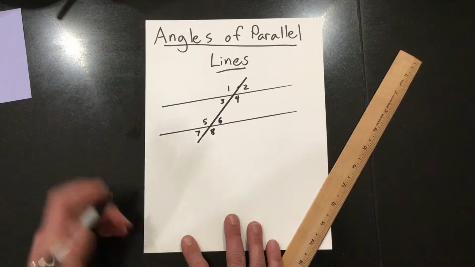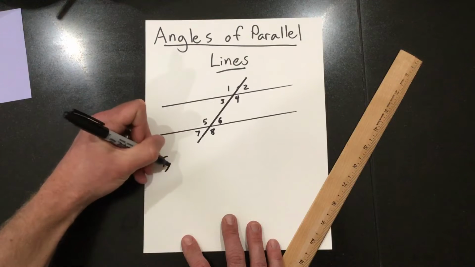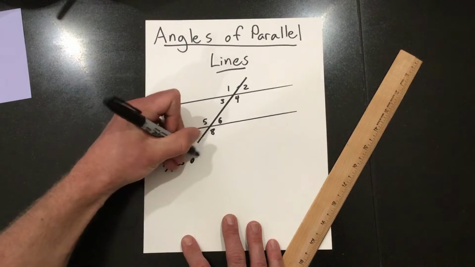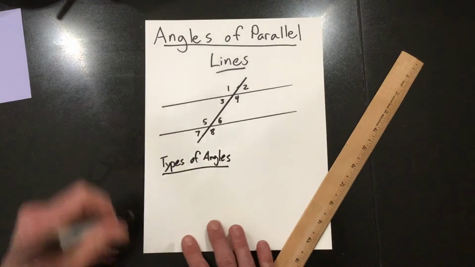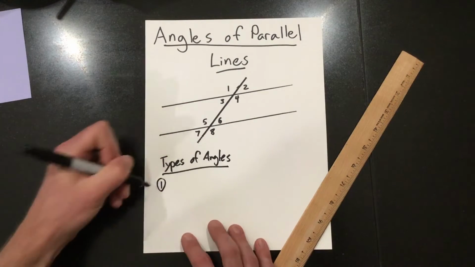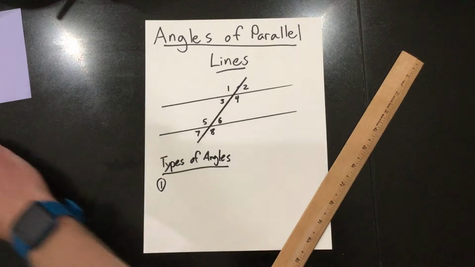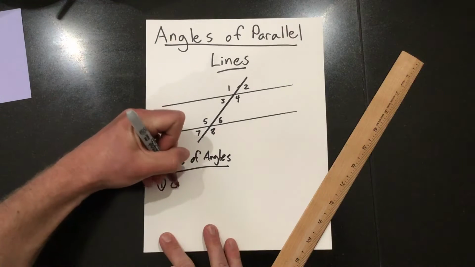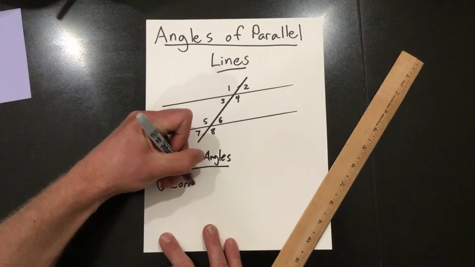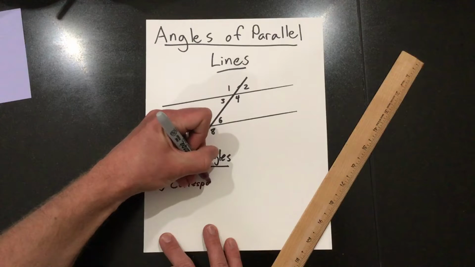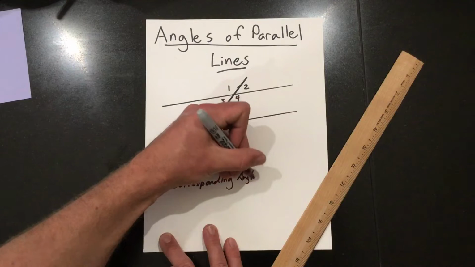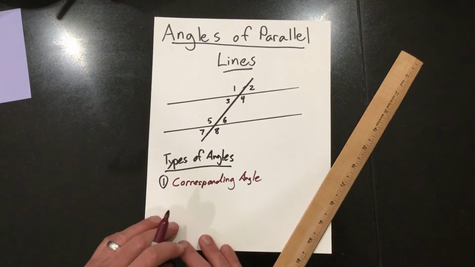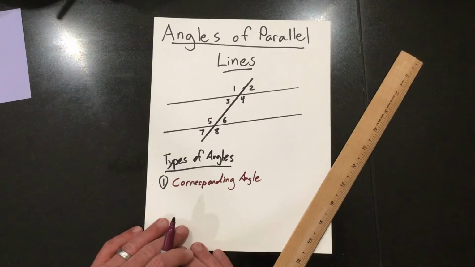And this leads us to the thing we're going to talk about, which are the types of angles that we have here. The first type of angles that we're going to talk about are called corresponding angles. Now, a corresponding angle refers to something that's in the same position.